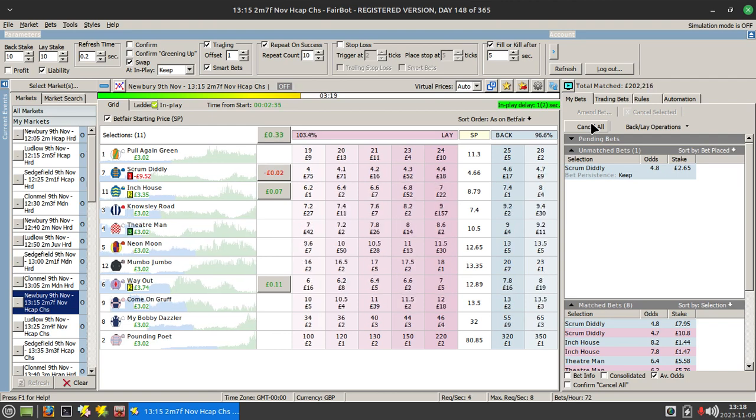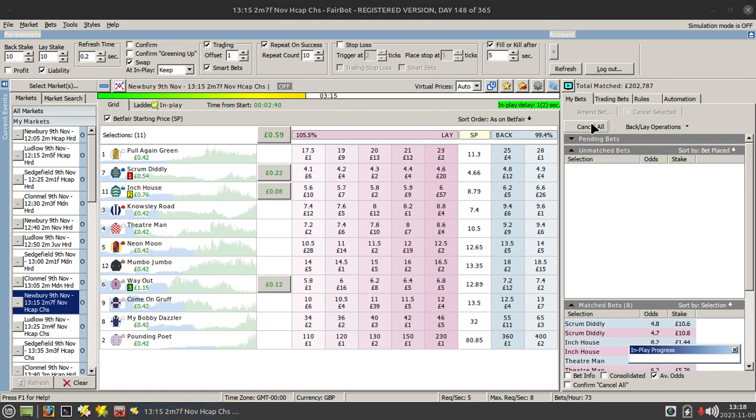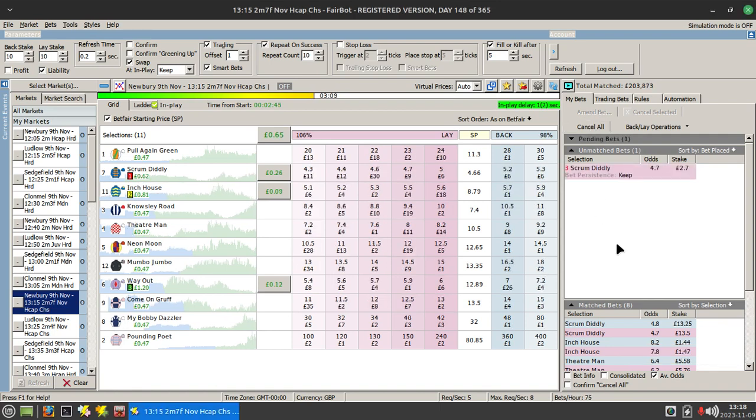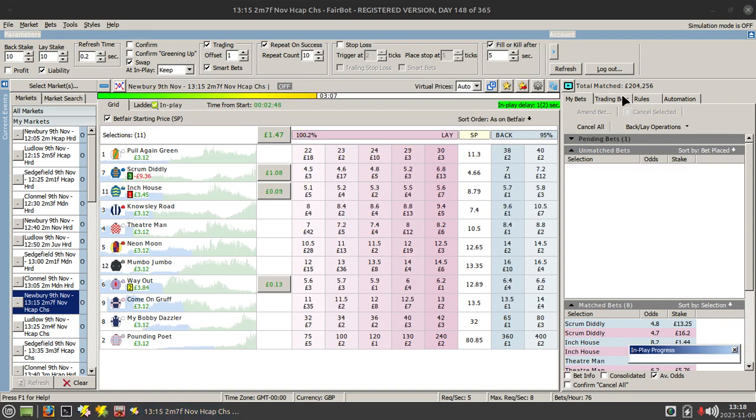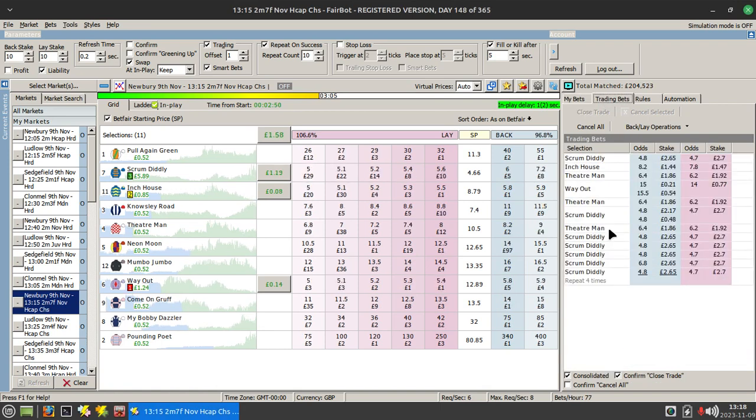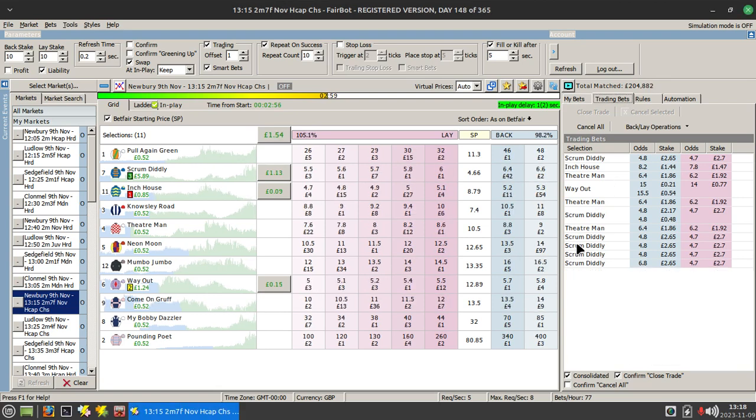So I'm not even halfway around yet. It's a good 6.5 minute race, this one. You can get an indication of how many trades are left if you go to the trading bets tab. Which one was it? That was Scrum Diddly, wasn't it? You'll see here all the trades that are going in on that runner.